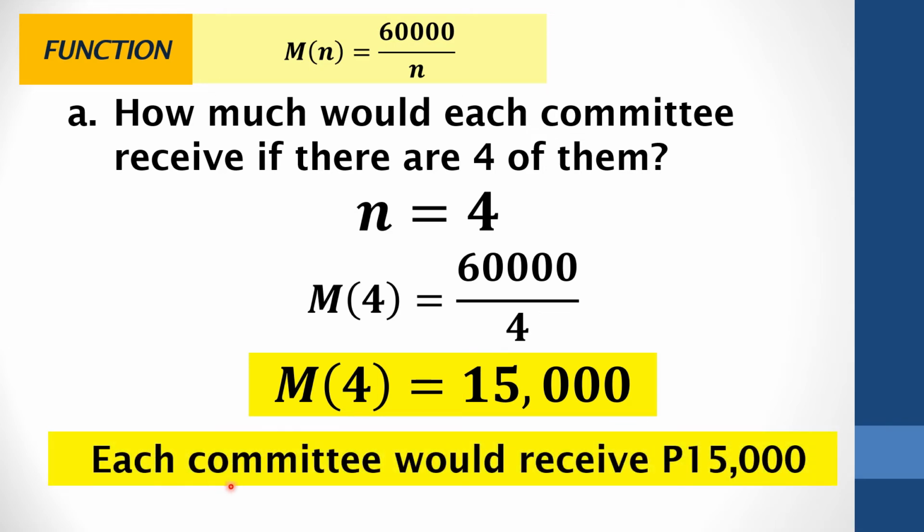Therefore, each committee would receive 15,000 pesos. So, paano natin nakuha itong 15,000 pesos? Dahil po dito sa ating function. So, dahil dito, nakuha po natin yung amount ng marireceive ng bawat committee in terms of kung ilan din po silang maghahati-hati. So, I hope nakuha niyo po yung point.